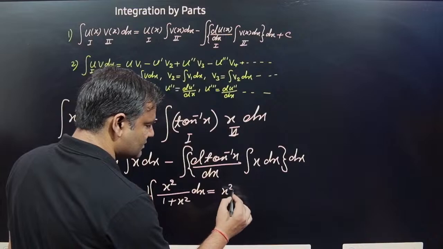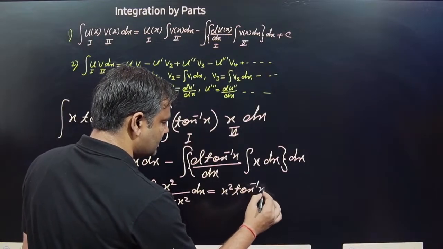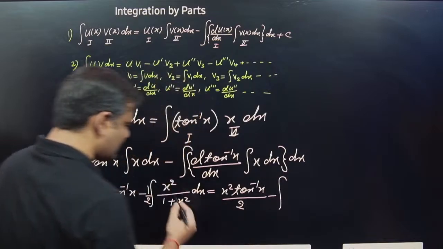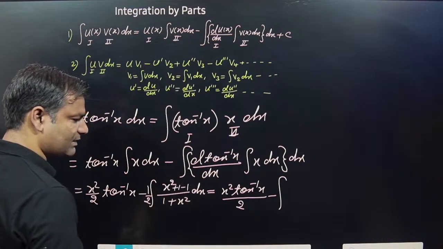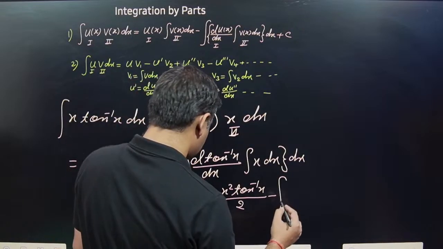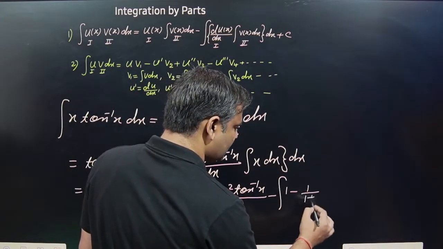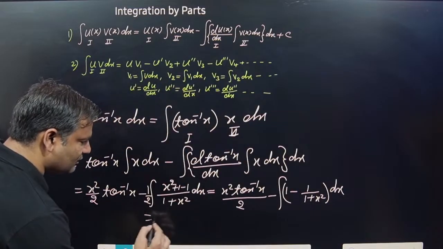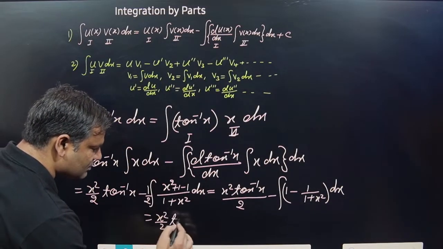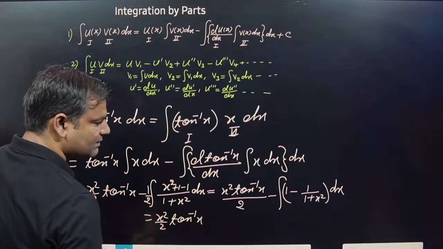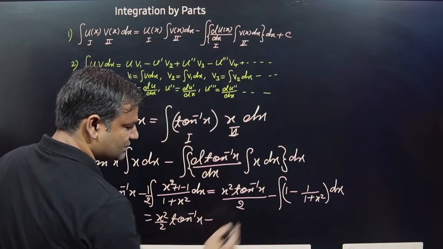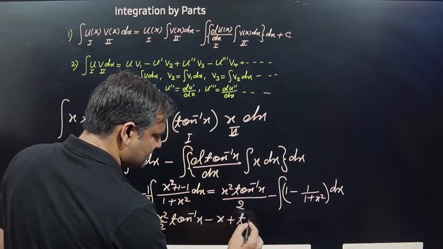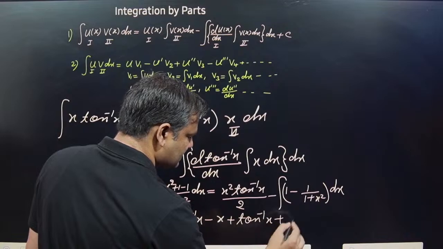So you can say x square into tan inverse x divided by 2 minus, here one is added and one subtracted, so we get 1 minus 1 upon 1 plus x square dx. So finally x square by 2 into tan inverse x minus, what about that value? Simply x minus tan inverse x, plus c is the right answer.